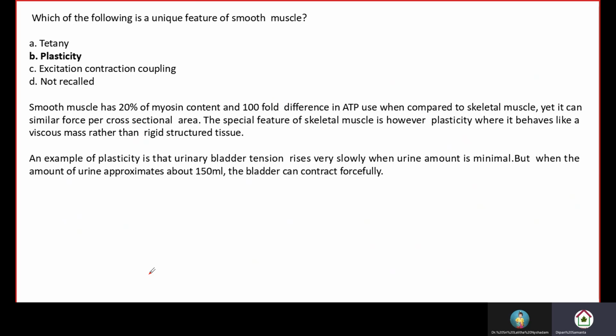So regarding smooth muscle, it has 20% of myosin content and 100-fold difference in ATP use when compared to skeletal muscle, but it has similar force per cross-sectional area. The special feature of smooth muscle is, however, plasticity, where it behaves like a viscous mass rather than a rigid structured tissue.